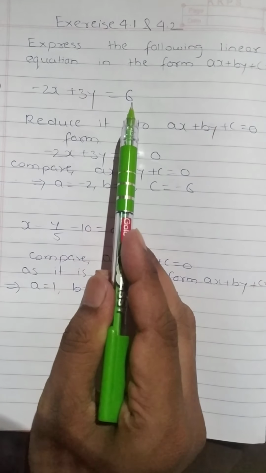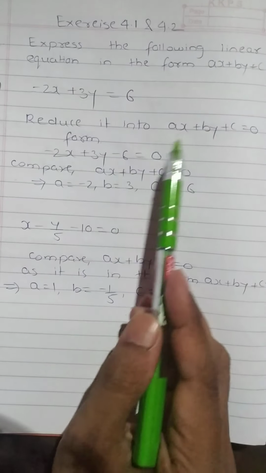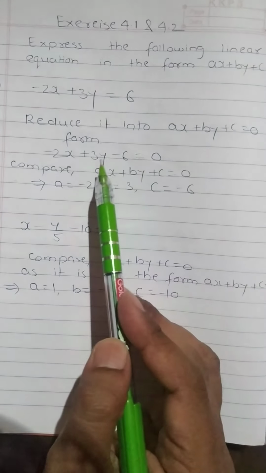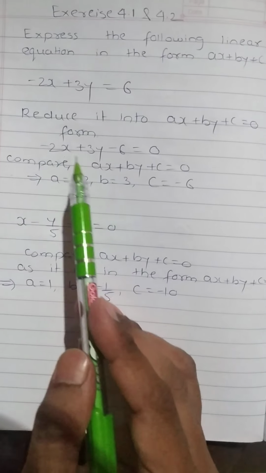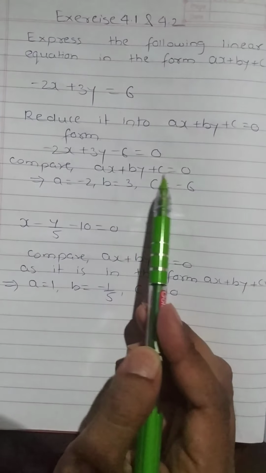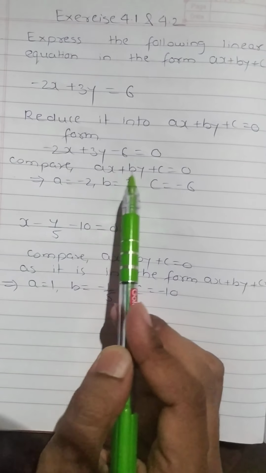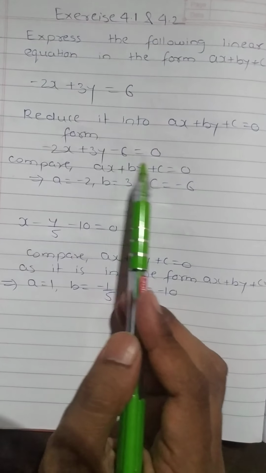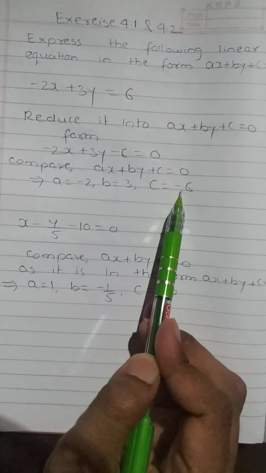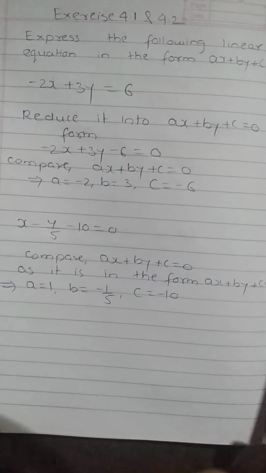Shift this 6 to the LHS, that becomes -6 = 0, so as to convert into the form ax + by + c = 0. Now dear students, comparing with ax + by + c = 0, we get a as -2, b as 3 and c as -6. So hence we find the values of a, b and c respectively.